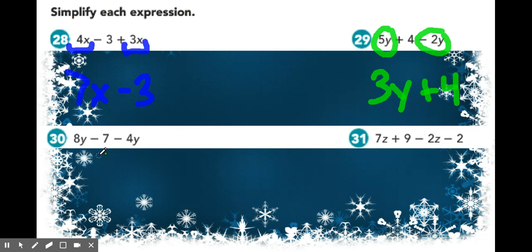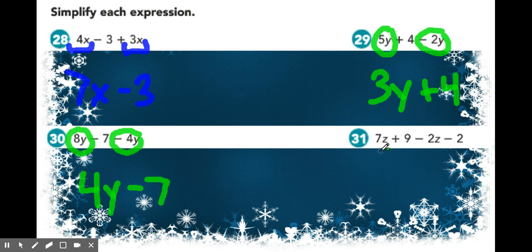For this one, we have 8y minus 7 minus 4y. My first term, I have an 8y. And when I look back here, I have another y. So 8y minus 4y is going to leave me with a positive 4y. Here I have a minus 7 or a negative 7. I have nothing to combine that with, so I'm just going to add it to the back.